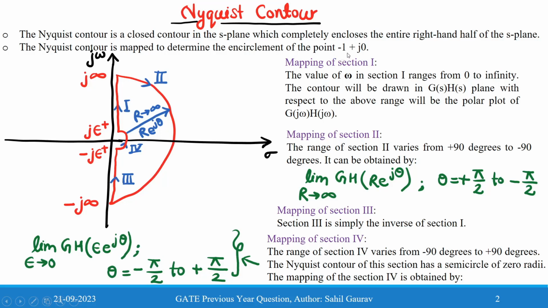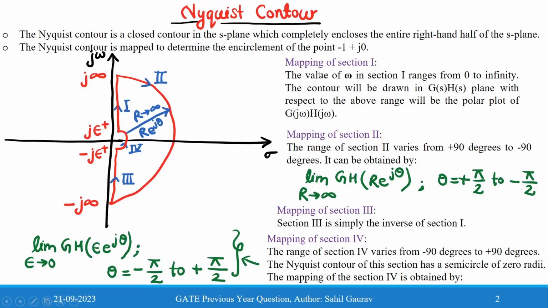The Nyquist contour is divided into four sections, as we can see in this figure. This contour is mapped into the GH plane, and by combining all these mappings we get the Nyquist plot, and from the Nyquist plot we find the closed loop system stability. Now we will see the mapping of all the individual sections.